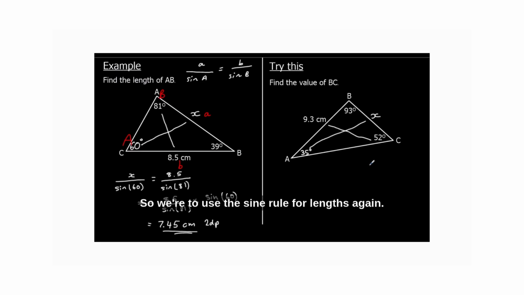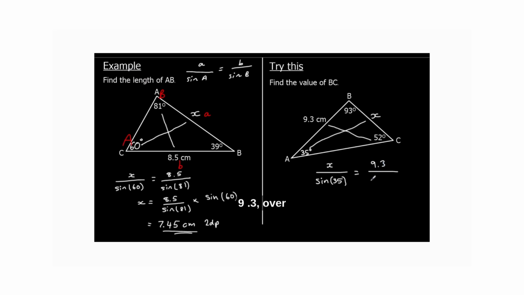So we're going to use the sine rule for lengths again. So it's going to be x over sine with its opposite, which is 35, is equal to the other length, 9.3, over sine with its opposite, which is 52 degrees. So multiply both sides by sine 35. So x is 9.3 over sine 52 times sine 35.